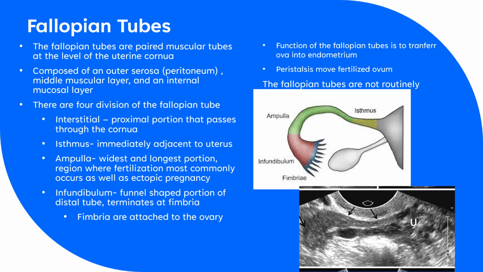The 4 divisions of the fallopian tube are super important to know: what is the division and what is its purpose. So I'm going to start here. Guys, this is my uterus right here in this image, the ultrasound image. And then this gray thing right here is my uterus. And here's my ovary.